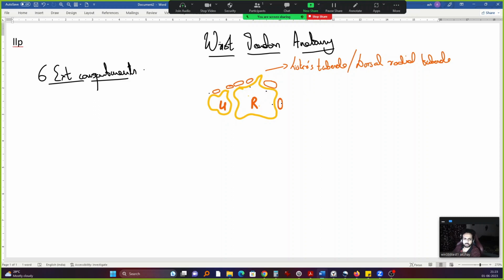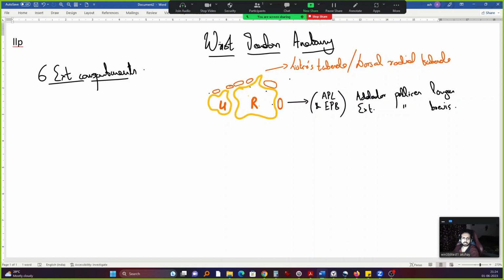In the first one there is the APL and EPB: abductor pollicis longus and extensor pollicis brevis. Both are pollicis.